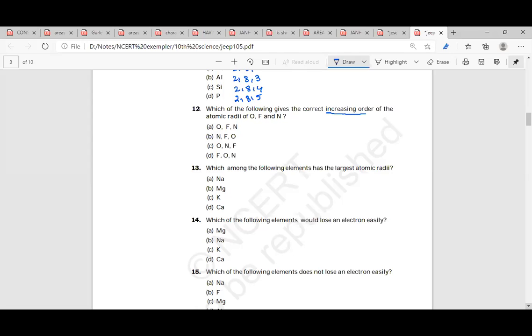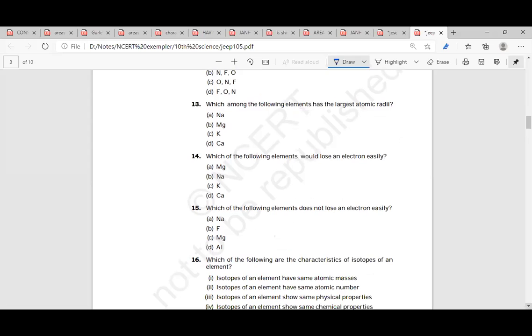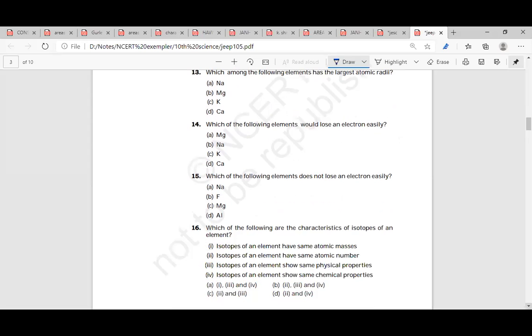Which of the following elements would lose an electron easily? Potassium. Which of the following elements does not lose an electron easily? Fluorine. Fluorine has the property of gaining electrons.